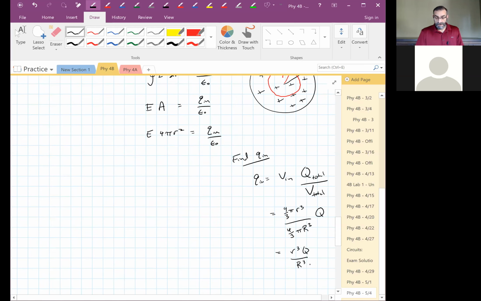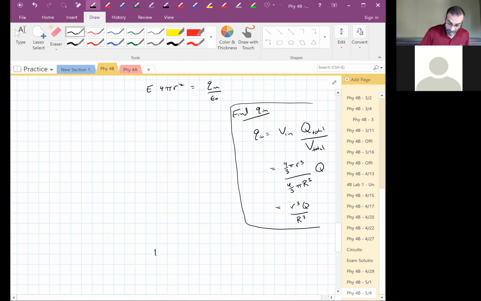Now we plug this in for Q in. We found Q in there, right? So we're at E times 4 pi r squared is r cubed Q over capital R cubed.